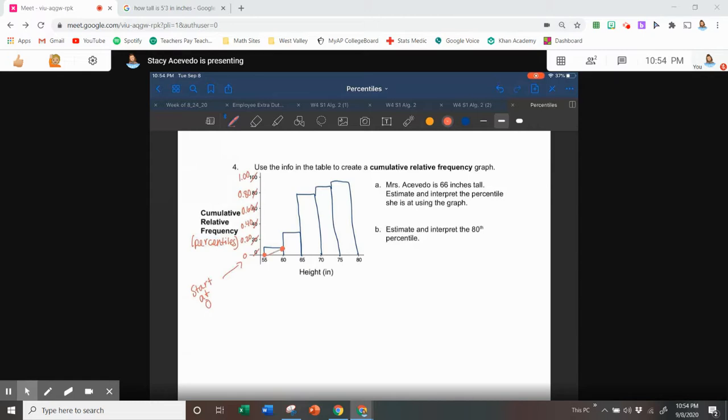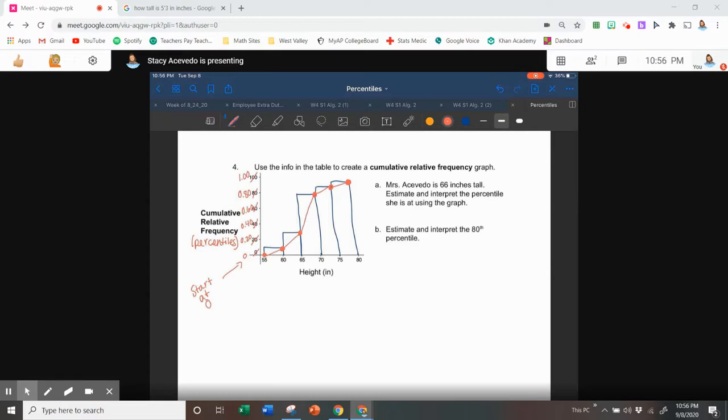Then go to the next corner where the 2 bins meet, and so forth, and then draw your lines. And there we have our cumulative relative frequency graph.